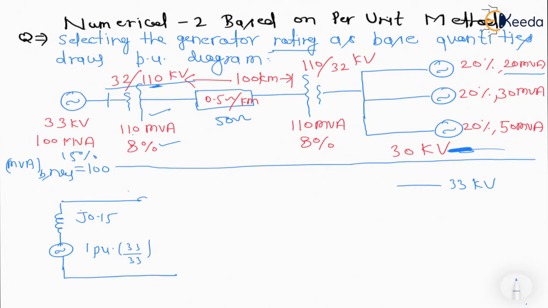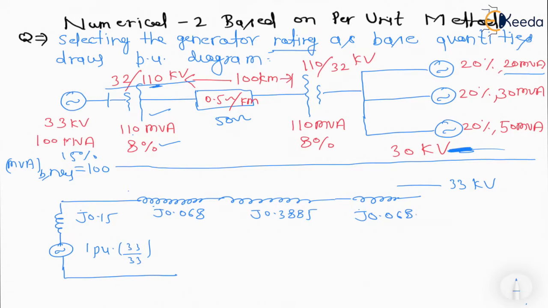Then transformer number 1, impedance J 0.068. Then the transmission line reactance is J 0.3885. Then again transformer number 2, J 0.068 per unit.